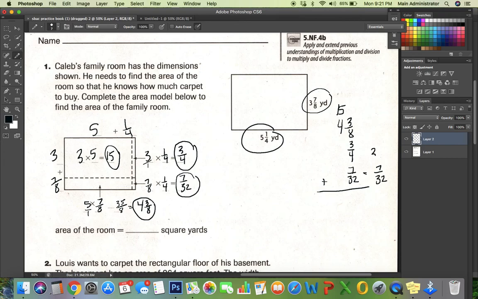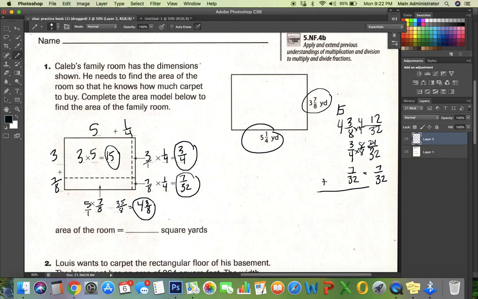I know that when I add fractions, I have to have common denominators. It's 32. So how can I get to 32 here? I'd have to multiply this denominator by 8, so I would multiply the numerator by 8 and get 24. Here I'd multiply this denominator by 4, so I'd multiply the numerator by 4 and get 12.